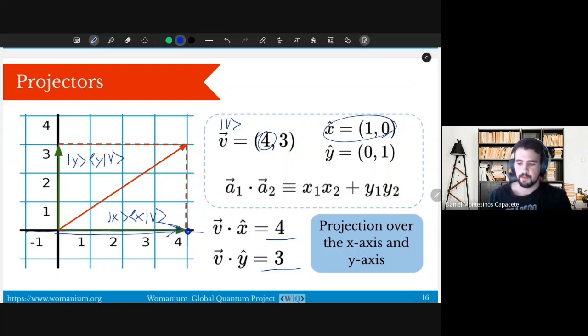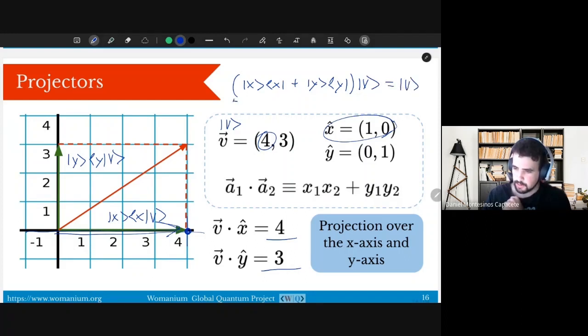If you sum all the projections, in this case a two-dimensional space, so summing over all the projectors in your space, applied to b, you can check that this will be the same as b.